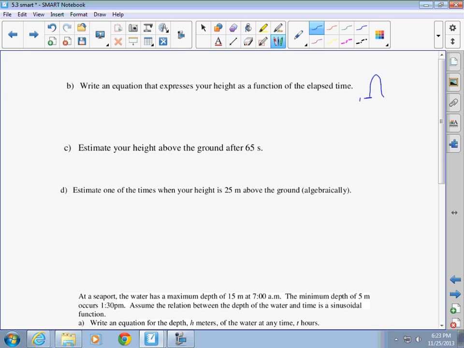So that means that your amplitude for this one is a 42. The period for this one then, it completed a whole cycle, so it did 2 pi in 50 seconds. So that reduces to pi over 25. So that is going to be our B value, that pi over 25.